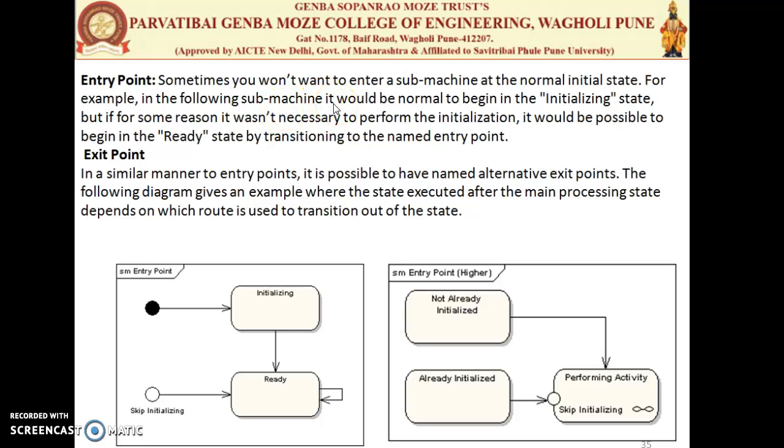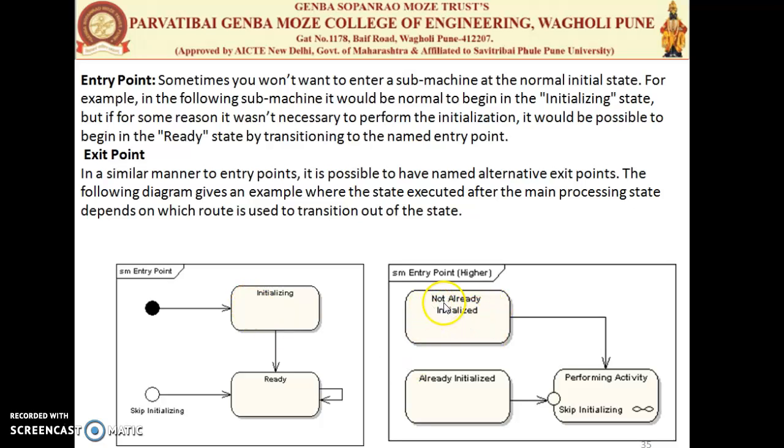For example, in this submachine, it would be normal to begin in the initialization state, but if for some reason you don't want or it isn't necessary to perform the initialization, then it is possible to begin at the ready state directly without going through the initial.